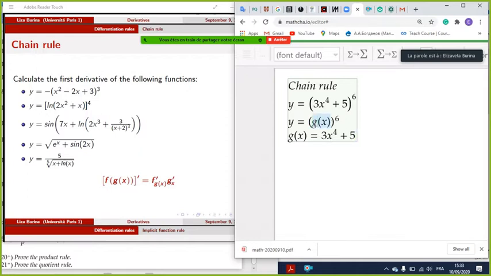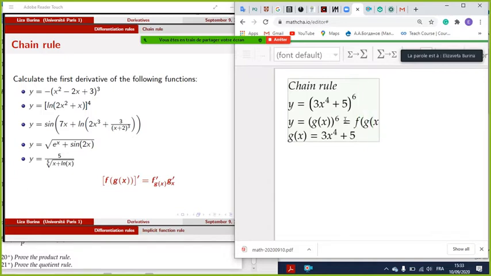So it's the function, then afterwards we do something else with this function. So in this case we raise it to the power of 6. Okay, so let's call it like that. And then you can see that actually y is something like f of g of x.